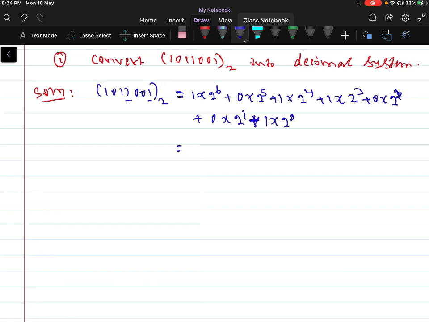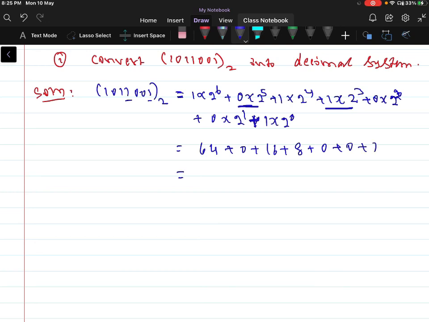So this can be written as 2 power 6 is 64, plus 0 into 2 power 5 is 0, plus 1 into 2 power 4 that is 16, plus 1 into 2 cube that is 8, plus 0 into 2 square is 0, plus 0 into 2 that is 0, plus 1.